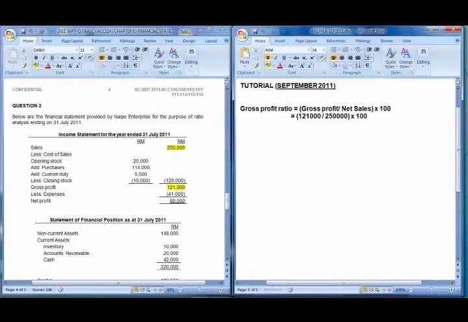Okay, the answer is 48.4%. The answer is 48.4%. Okay, for every 100 of sales, RM48.4 gross profit was made before any expenses were paid.